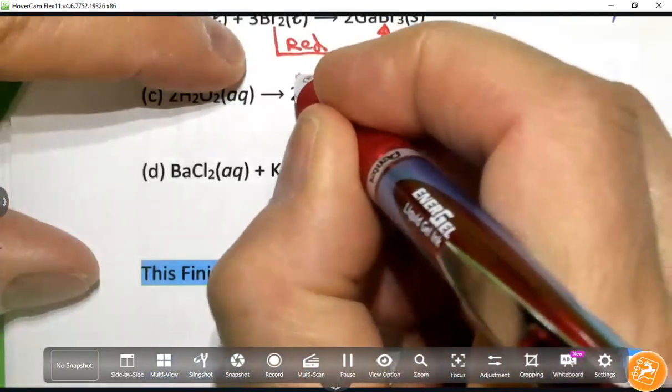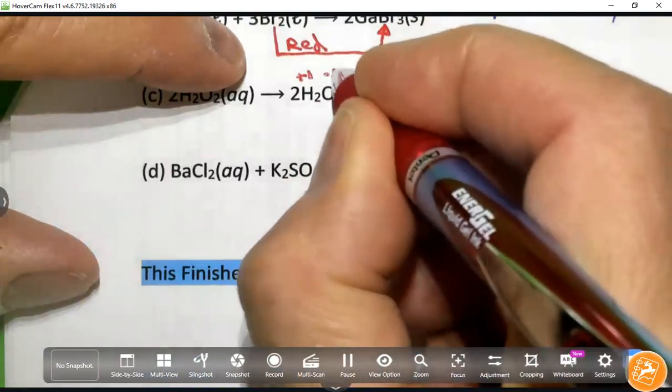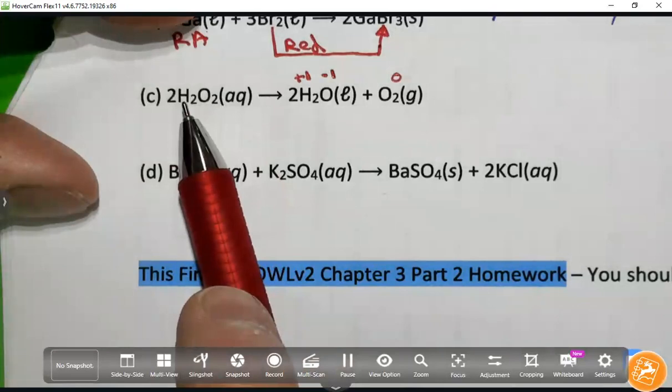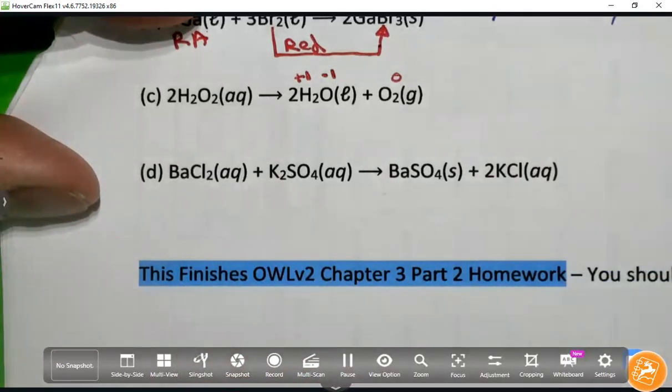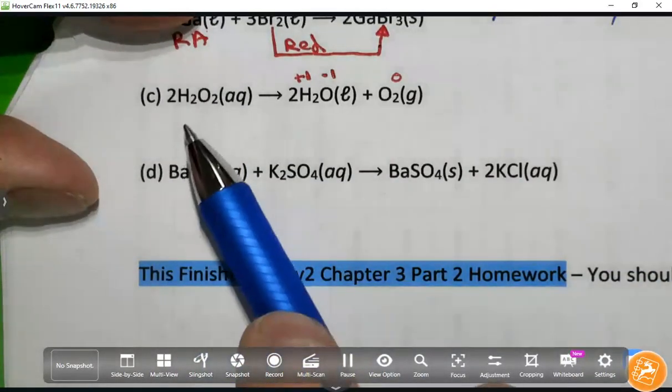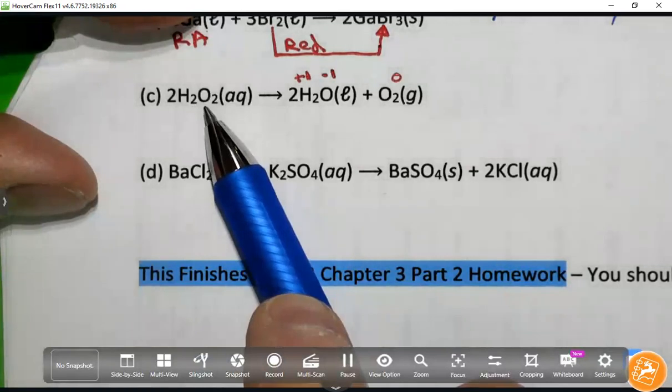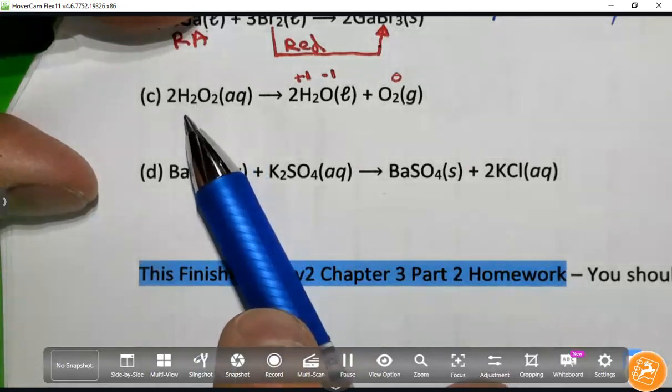Hydrogen right here is +1, oxygen's -1. But there's a problem with this compound. Well, it's not a problem, it works out perfectly. This is hydrogen peroxide.